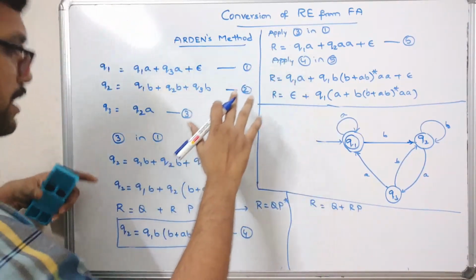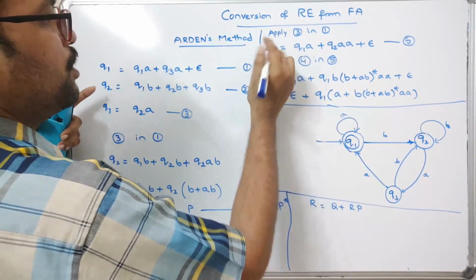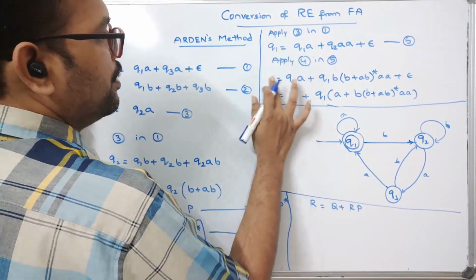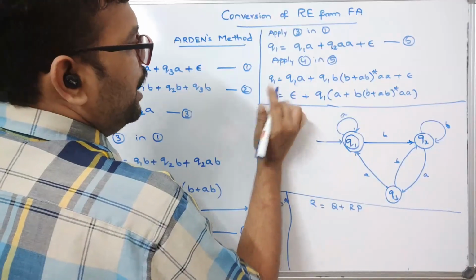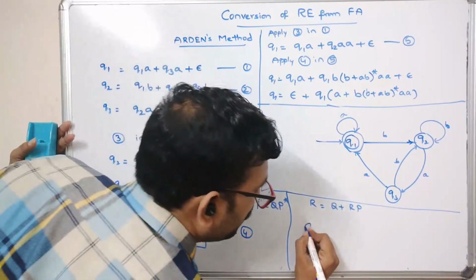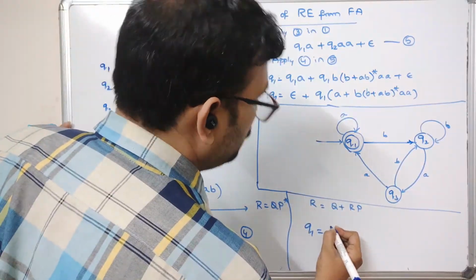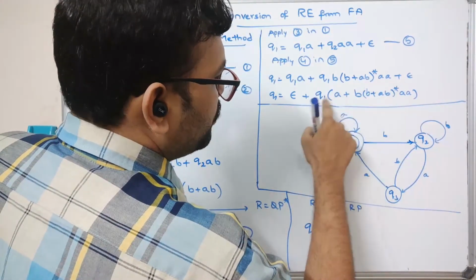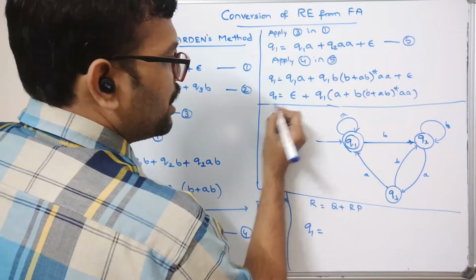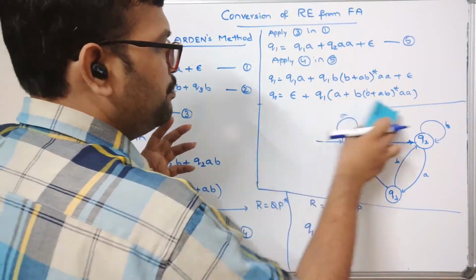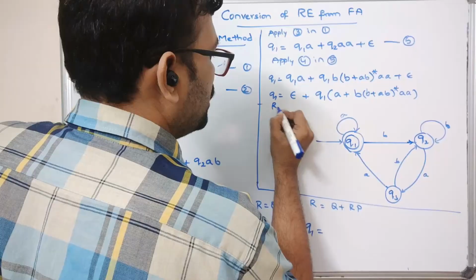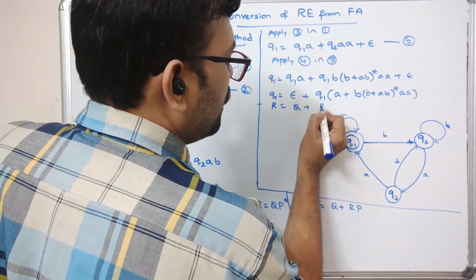Sorry, I think it's Q1, right? This is not R, it's Q1. Here Q1 is equal to Q, where Q means epsilon, plus Q1 into P. So here I will write it the same: R is equal to Q plus RP.